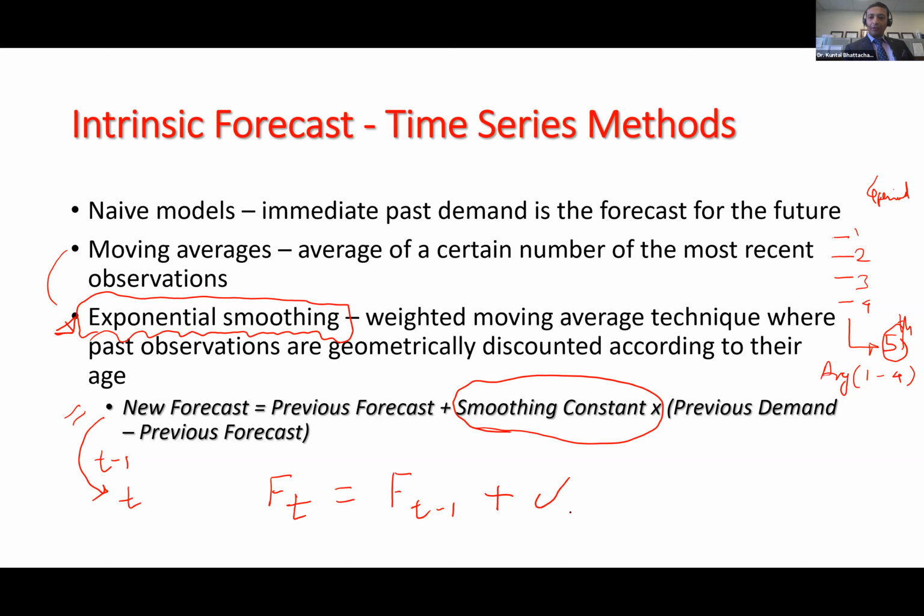Let's suppose we call that constant alpha, times previous demand minus previous forecast. Previous demand is your actual value.